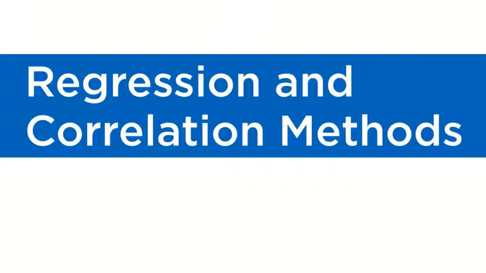In this second video for simple linear regression and correlation methods, we are going to find out what happens to our goodness of fit line and our sum of squares total, or the total errors, if we consider the independent variable in analyzing the trend in our dependent variable.